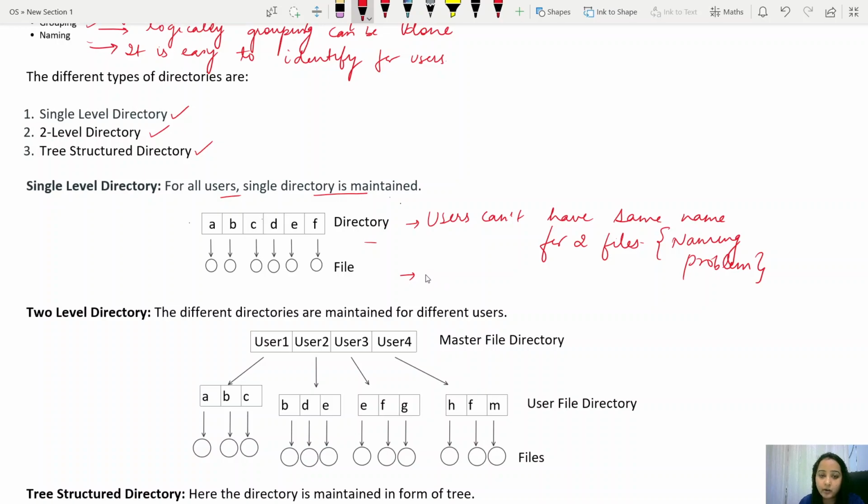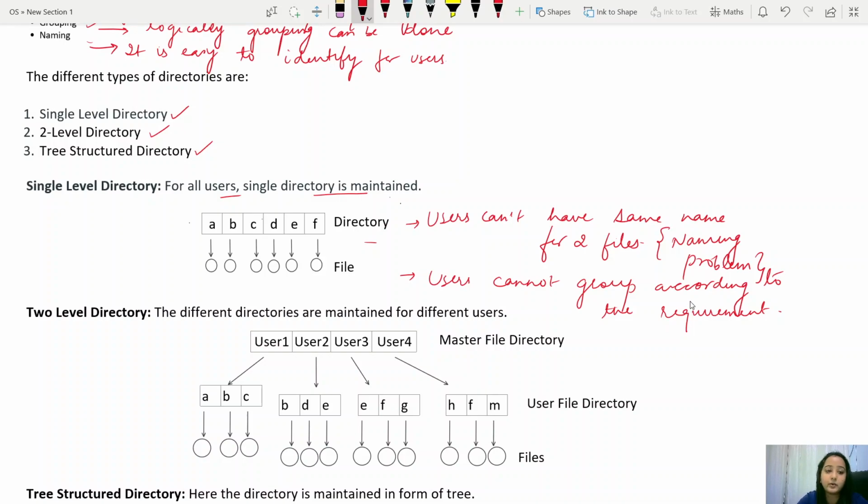Users cannot group according to their requirement. That is the big disadvantage of this single level directory.